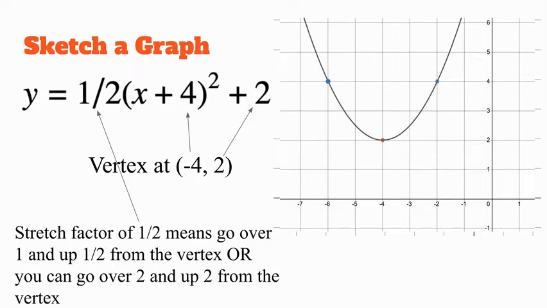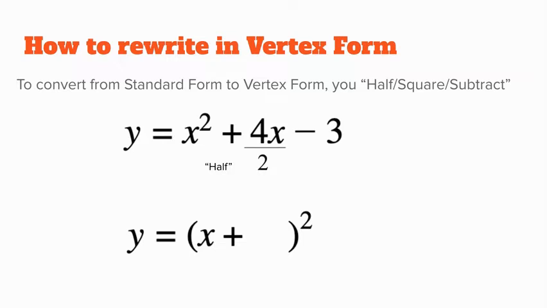It's going to be helpful to be able to convert back and forth from your standard form to your vertex form. So here's an example from standard to vertex. You can complete the square or you can half, square, subtract. So I'm going to show you what to do here. So the half part is you take half of the middle number, so your b value, and that is actually the x value of your vertex.